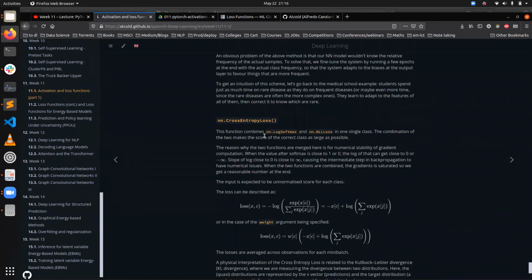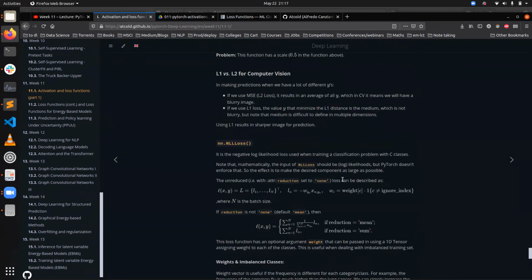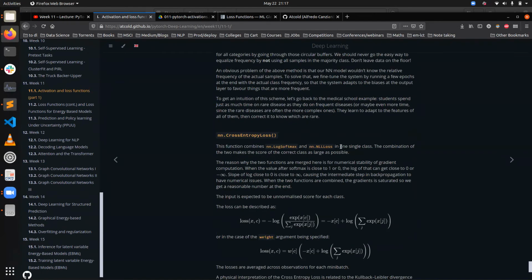Next is cross entropy, which combines log softmax and NLL loss.